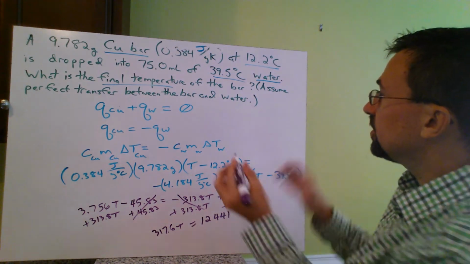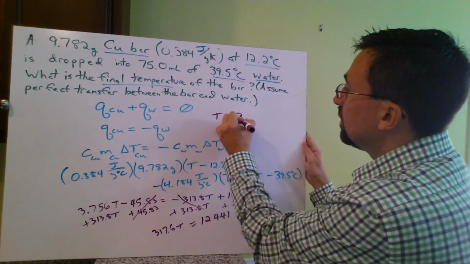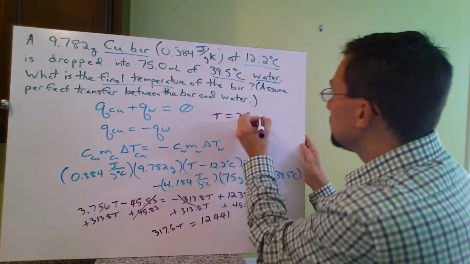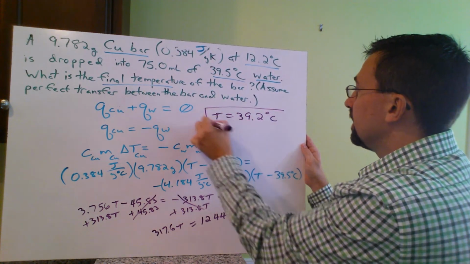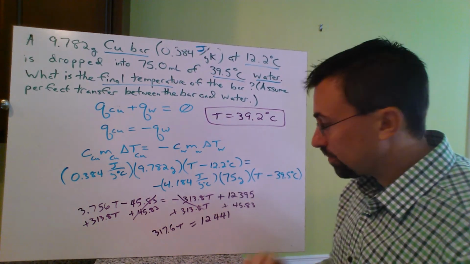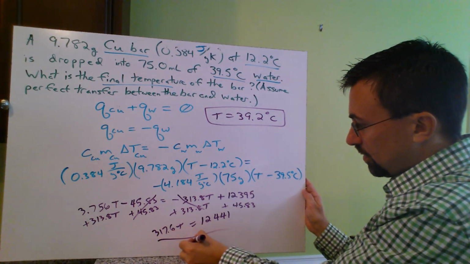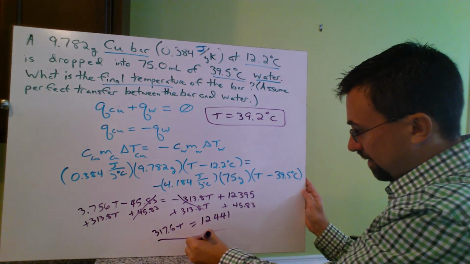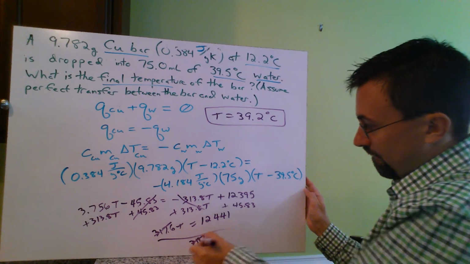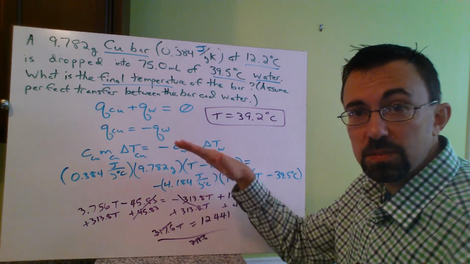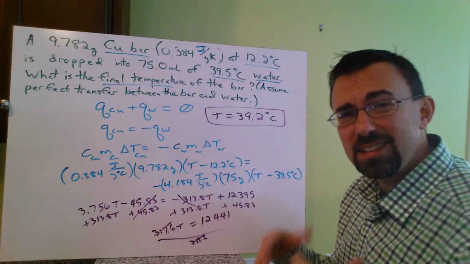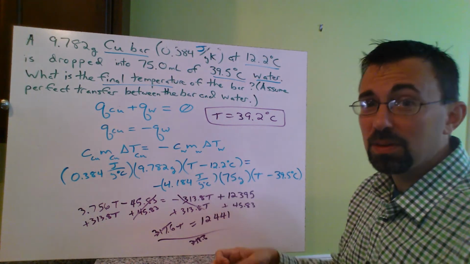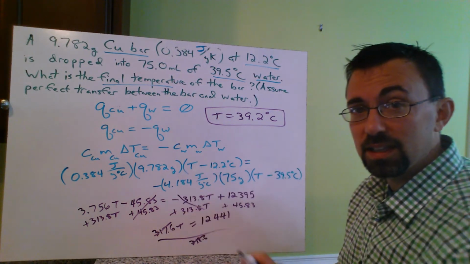And I get a final temperature of 39.2 degrees Celsius. At this point, we need to do what? And notice I showed all my math steps to make sure I didn't mess up. Do that. I know it takes a little more paper, but it avoids silly mistakes, and we get right answers.